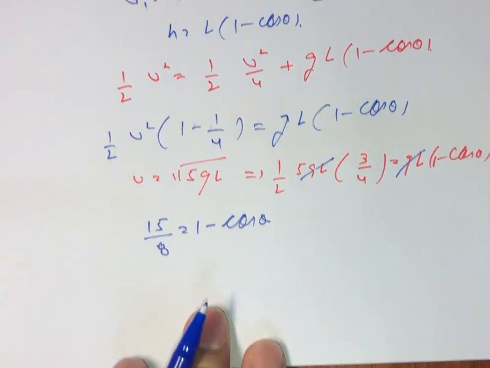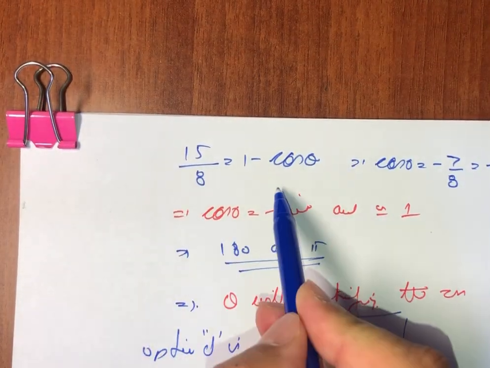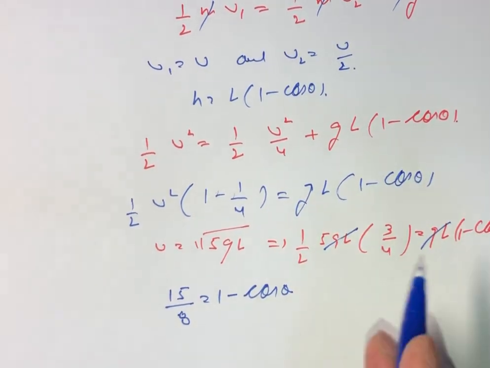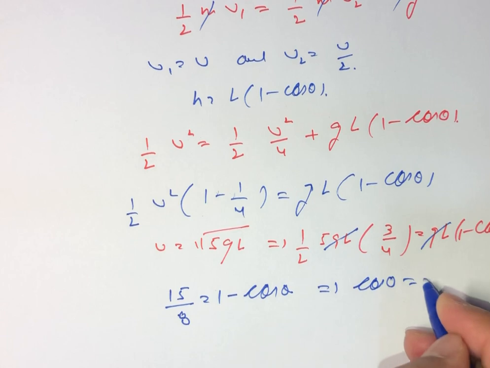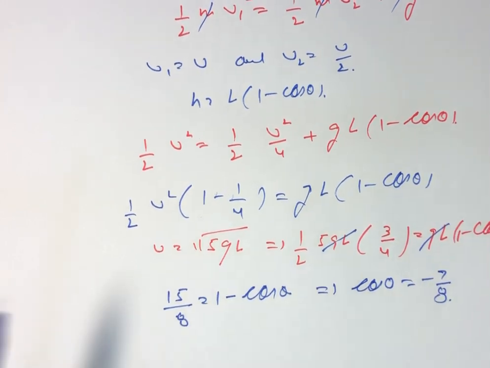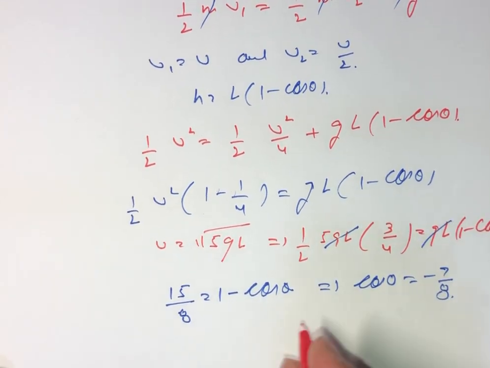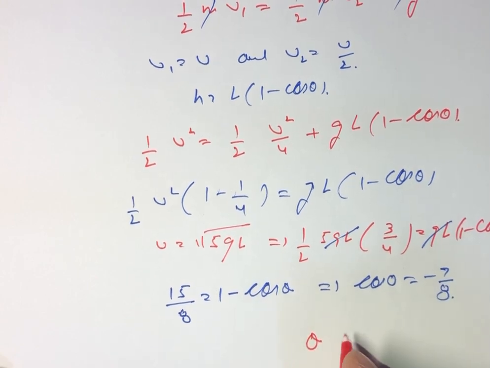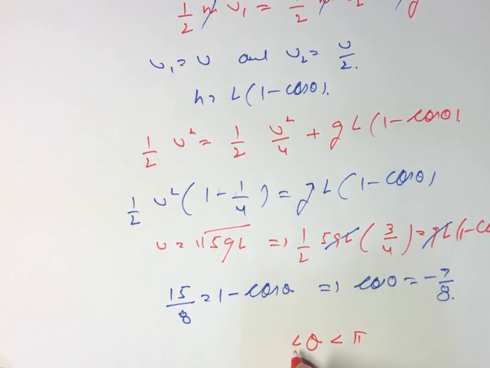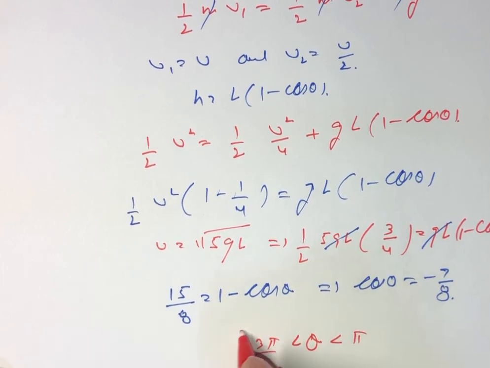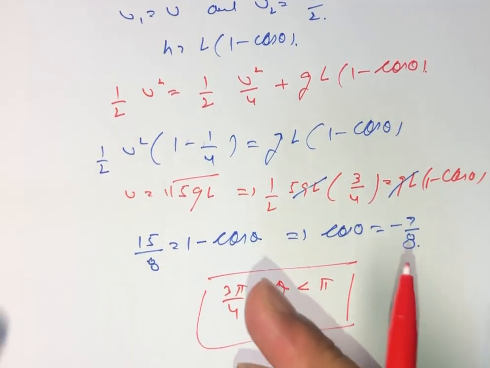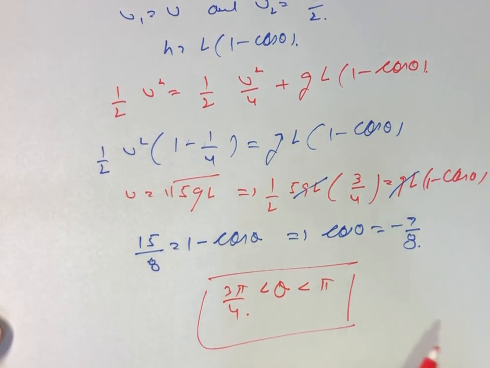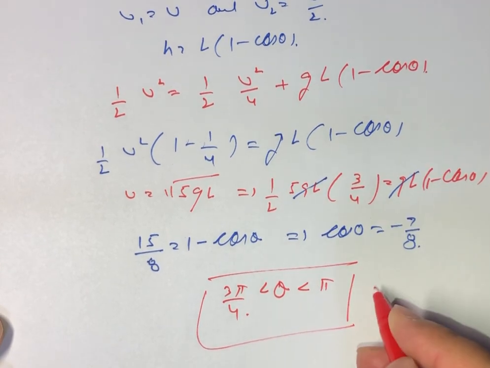This is the same as the previous result. Therefore, from here we can say that cos theta is equal to minus 7 by 8, and once again our theta will be less than pi but greater than 3 pi by 4. So this question can be solved in both ways, conservation of energy as well as the basic kinematic equation.